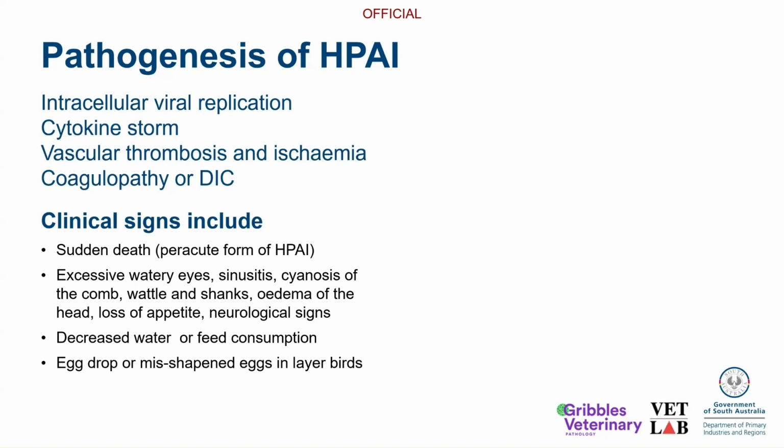Those birds that don't suffer from the per-acute form may show a wide variety of signs, including excessive watery eyes, sinusitis, cyanosis of the comb, wattle and shanks, edema of the head, loss of appetite, and neurological signs. We can also see, as Alyssa explained, particularly in layer poultry, decreased feed consumption, decreased water, and egg drop, misshapen eggs in these layer birds.